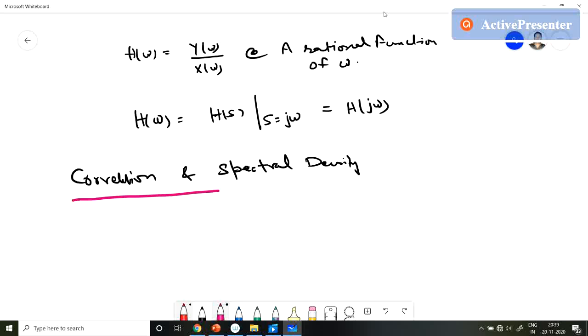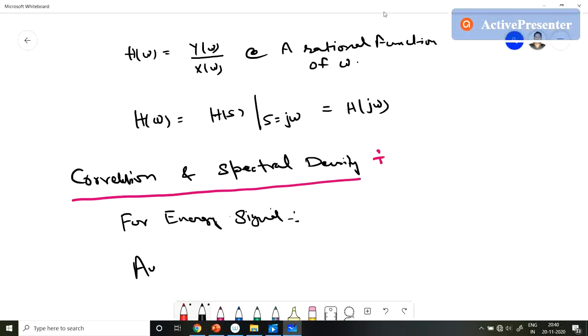For an energy signal, we have the autocorrelation function.